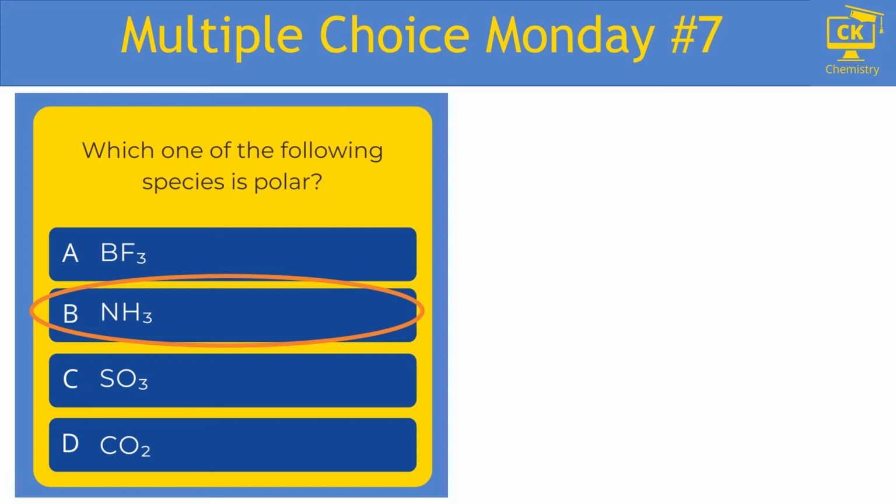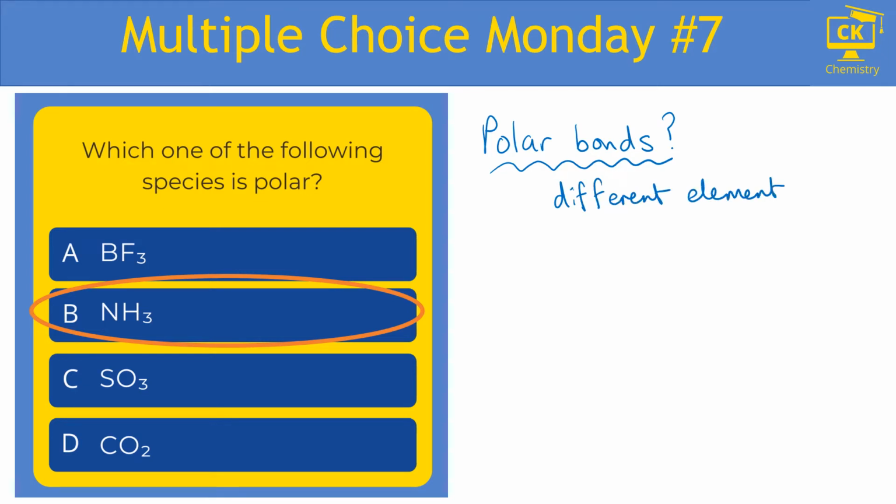There are two questions that we need to ask ourselves. First of all, are there any polar bonds? You probably learned lots about electronegativity, but it can basically boil down to a couple of very simple rules. If there are different elements, any elements that are not the same as each other and that are not carbon and hydrogen.